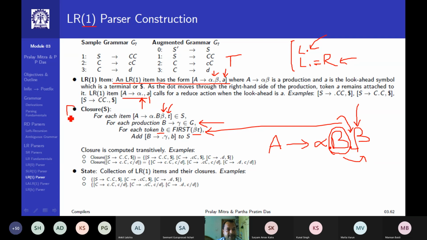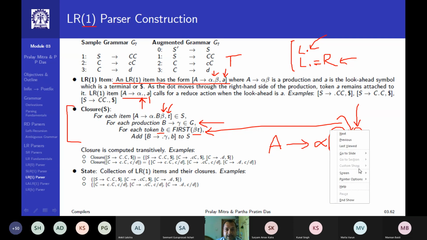So you see that as per the construction of this closure, I am ensuring with one look ahead that the shift reduce conflict can be eliminated. Now closure is computed transitively, so others will also be included following this one.